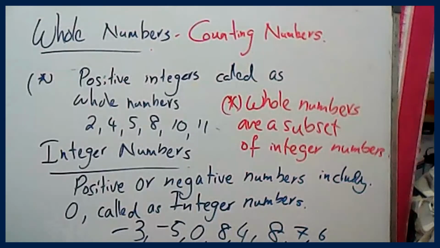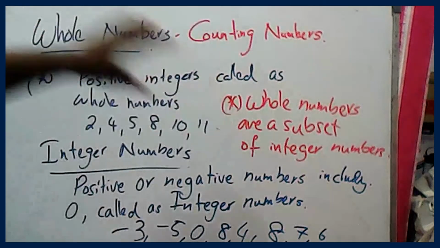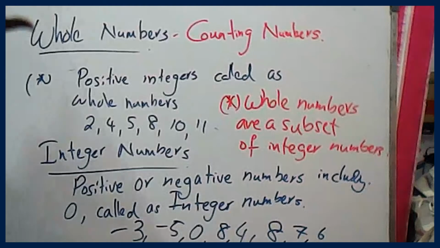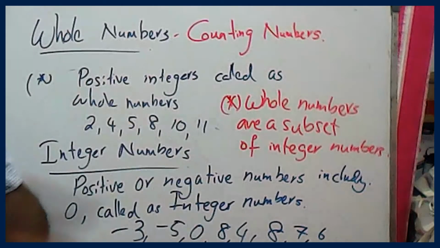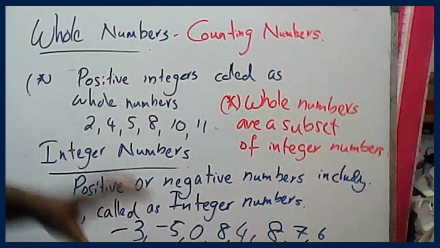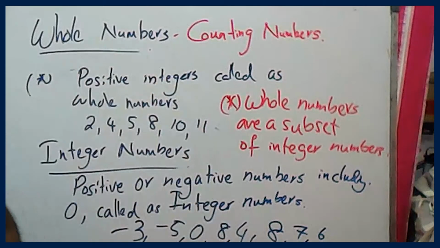I hope you have a good idea about this. First we discussed whole numbers. Whole numbers means counting numbers like 1, 2, 3, 4, 5, likewise. And integer numbers means positive or negative numbers including 0.